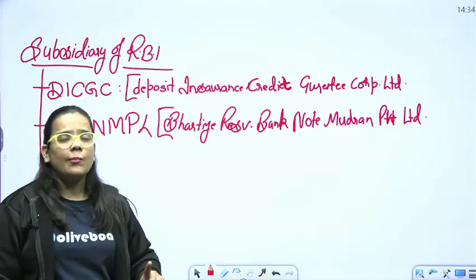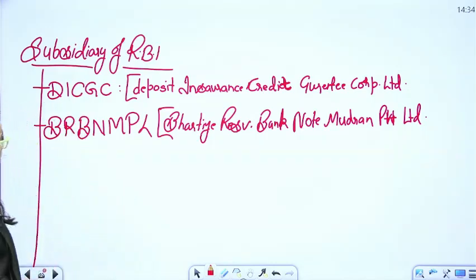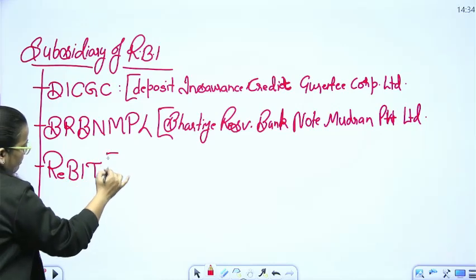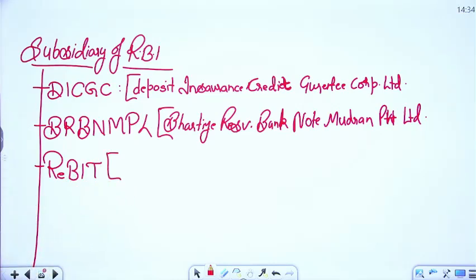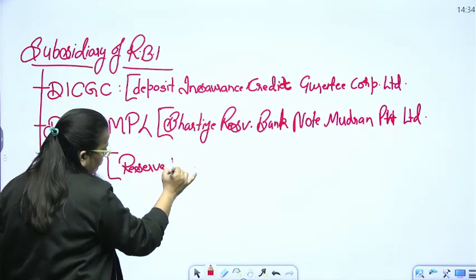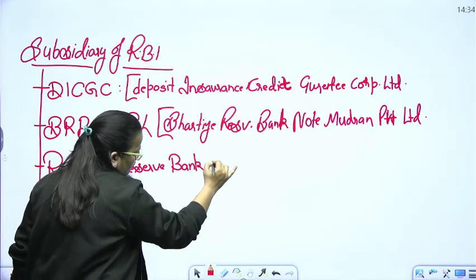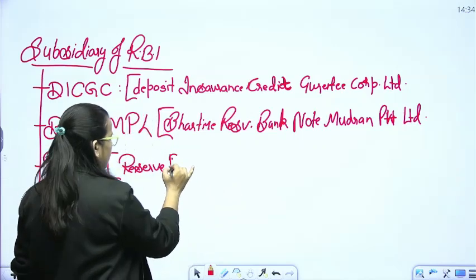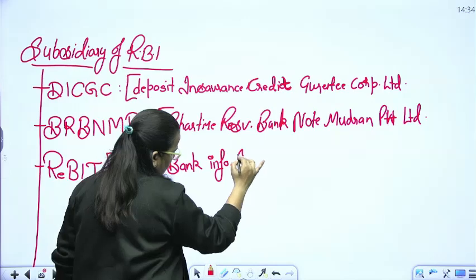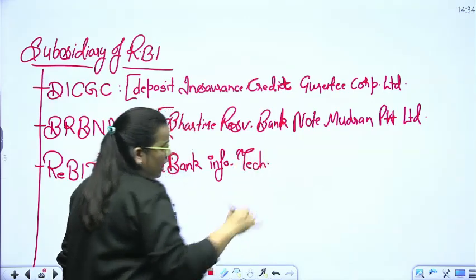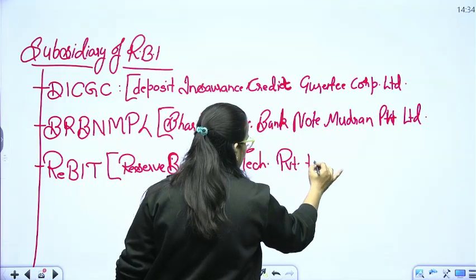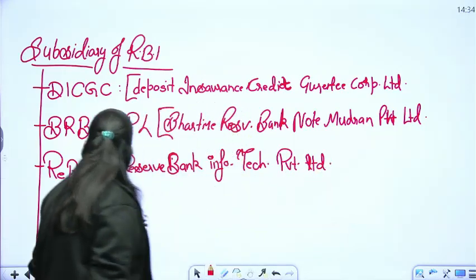The third subsidiary of RBI is ReBIT. ReBIT stands for Reserve Bank Information Technology Private Limited.